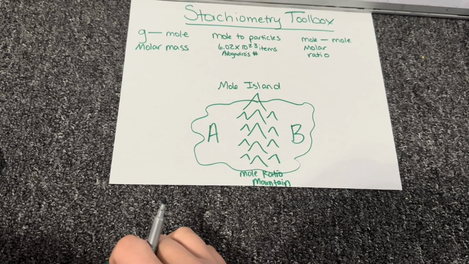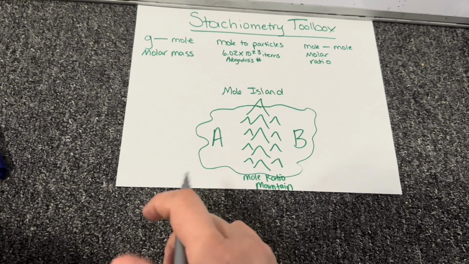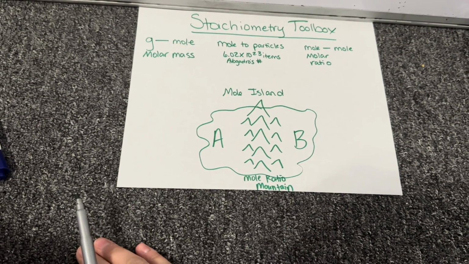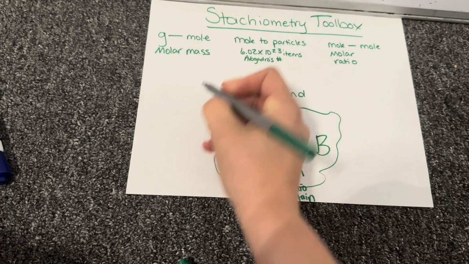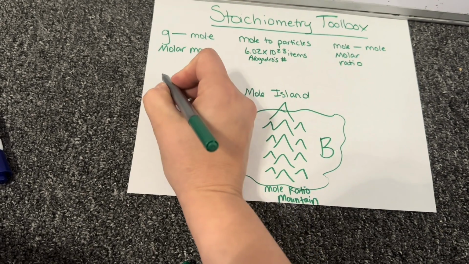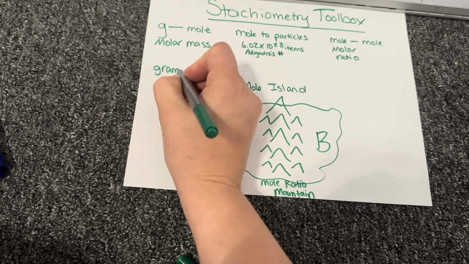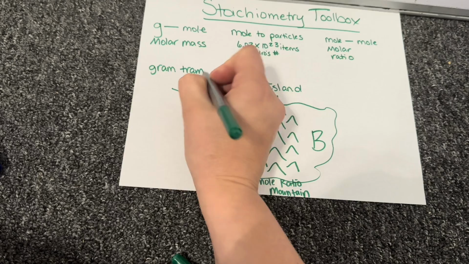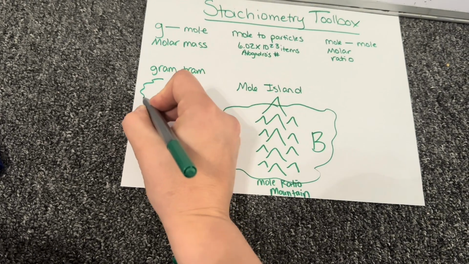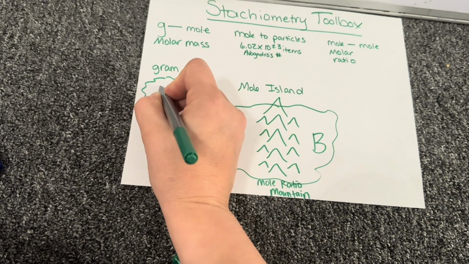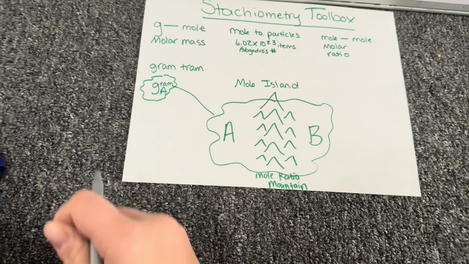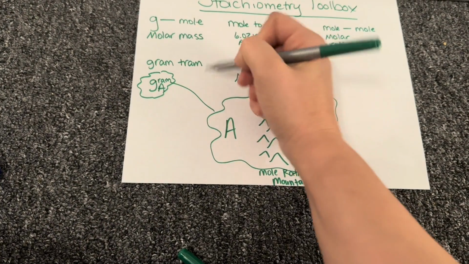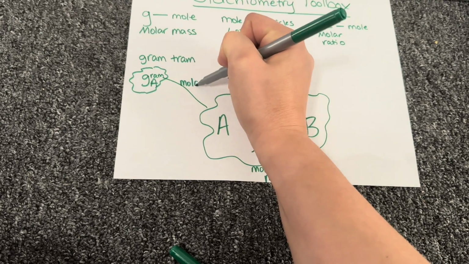Now, if we wanted to go to grams from mole A, you can think about it like a little ferry boat out here, right? We're going to call it the gram tram. Let's say this is gram. We have to use our molar mass.